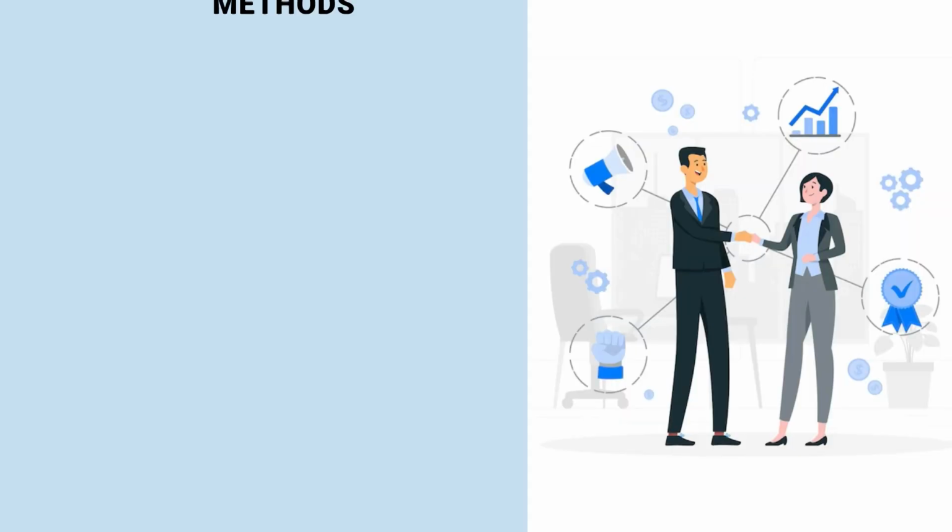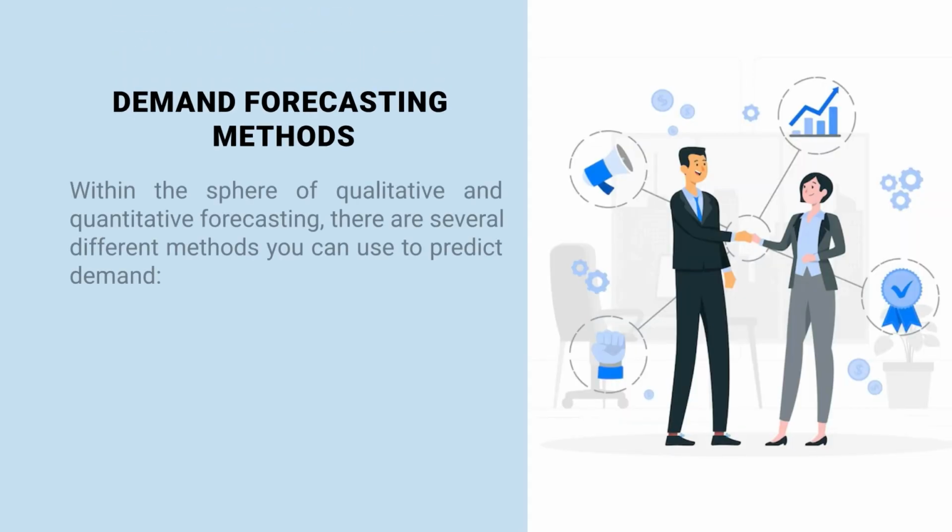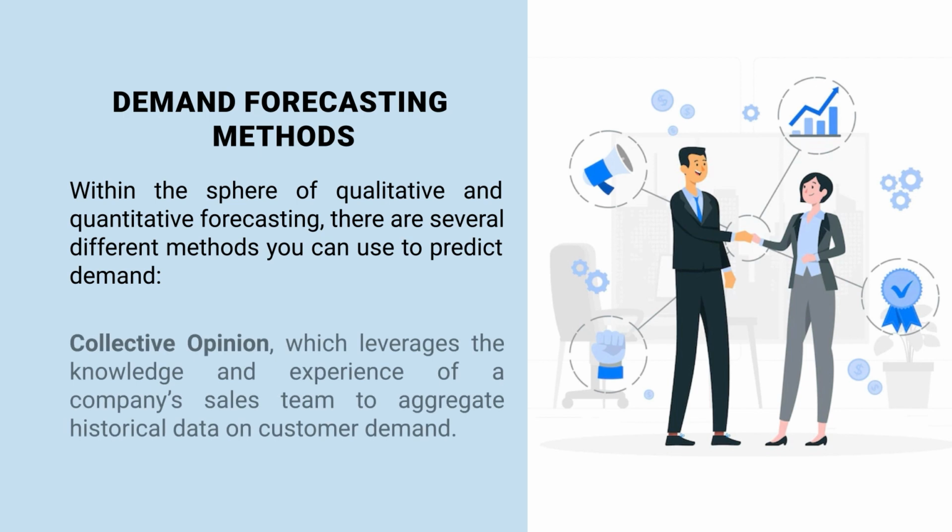Demand forecasting methods fall within the sphere of qualitative and quantitative forecasting, because if we are going to forecast, we can quantify the thing and we can also measure the quality. So there are several different methods to predict the demand. Collective opinion leverages the knowledge and experience of a company's sales team to aggregate the historical data on customer demand.